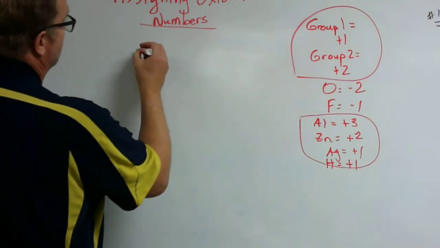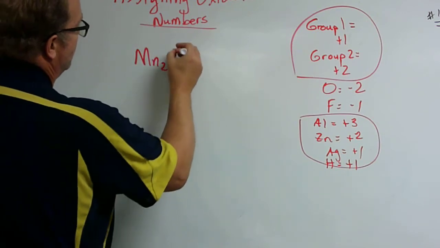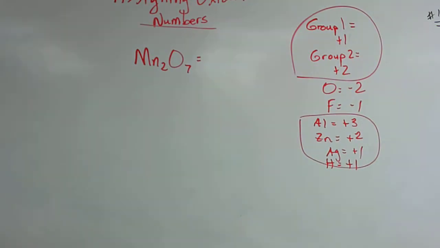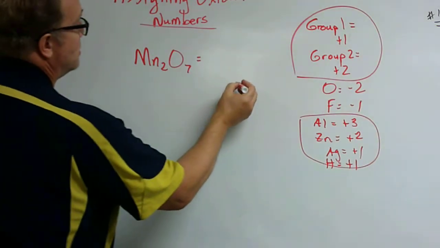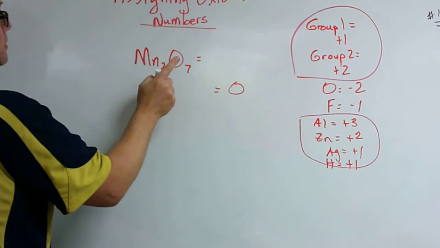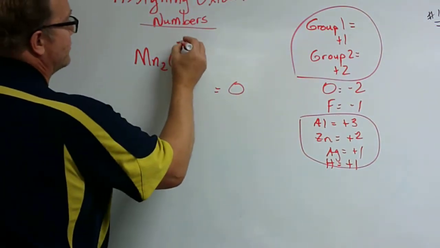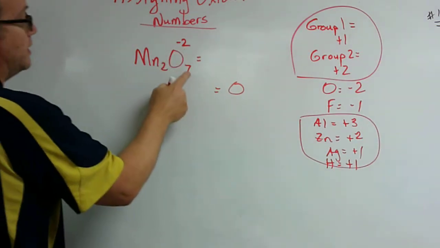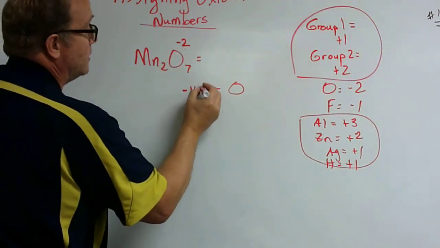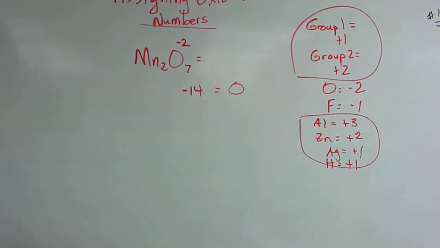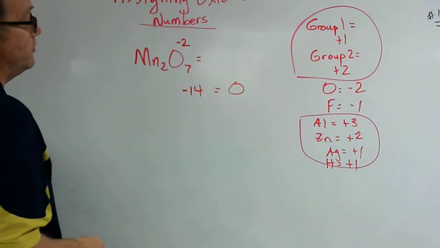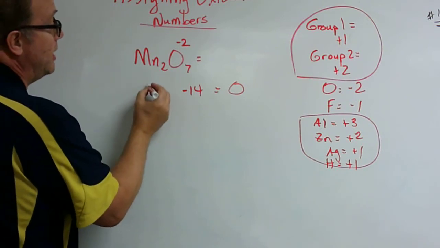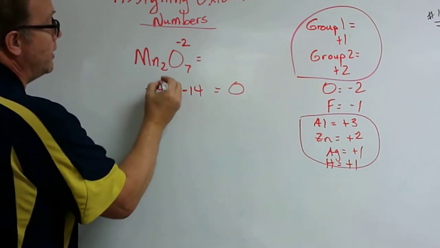Let's go ahead and do the Mn2O7. Again, we need to know that this one is 0. And we're going to go with this. We know that oxygen is a negative 2. A negative 2 times 7 is a negative 14. And now we have to make this all equal to 0, so we're just going to have to make that equal to a positive 14 to make this correct.